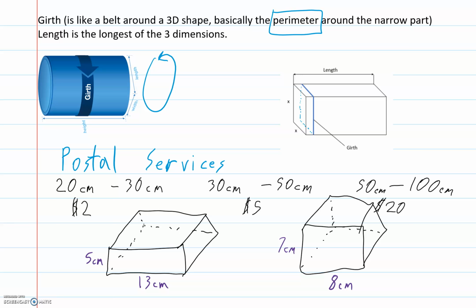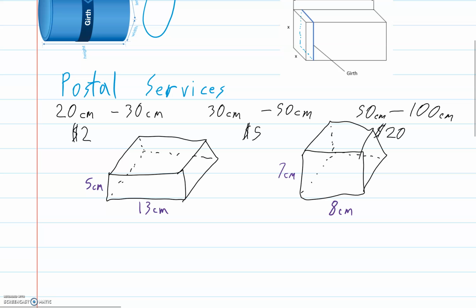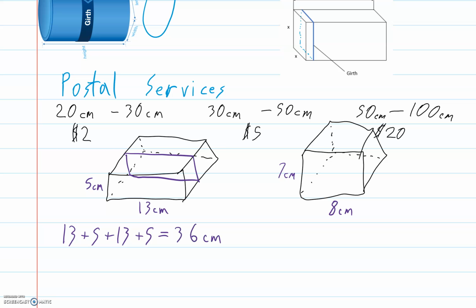So to measure the girth, remember it's the perimeter. So it's this length from there to there, which is 13, plus this length, which is plus 5, plus this length, which is another plus 13, and plus this length, which is another plus 5. And so that will get us to 36 centimeters.